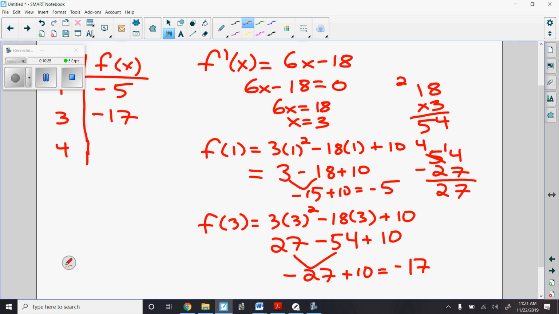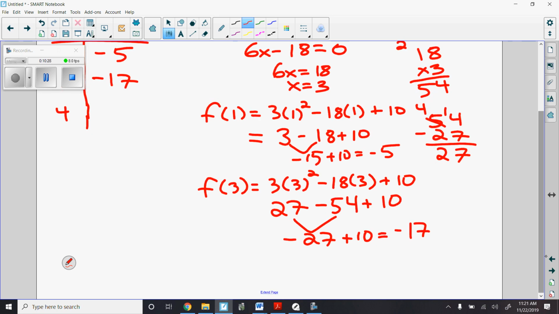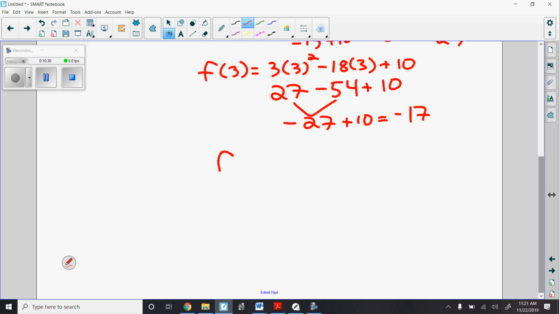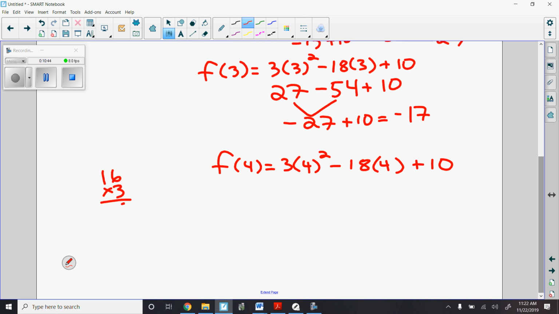Lastly, I need to check f of 4. Four squared is 16. 16 times 3 is 48.